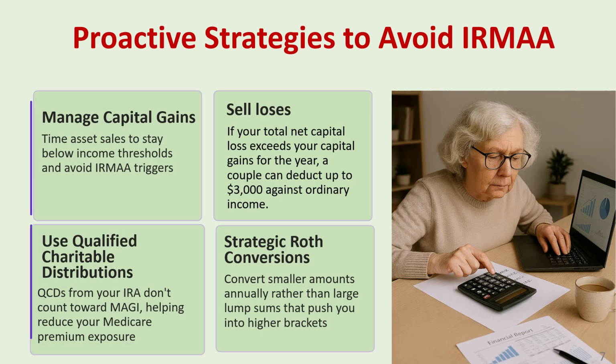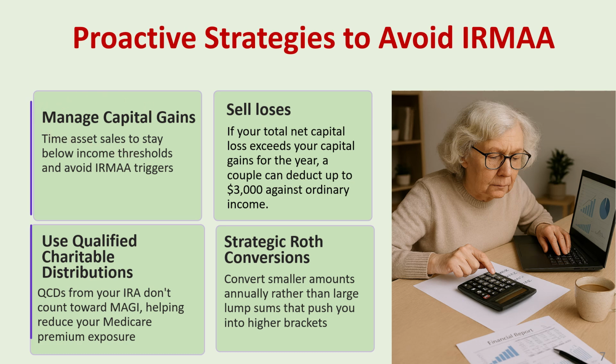All right, the good news is that because you know about the 2-year look back rule and the IRMAA cliffs that are out there, you can plan to avoid them. And this is where some proactive planning can be important. For example, managing your capital gains.